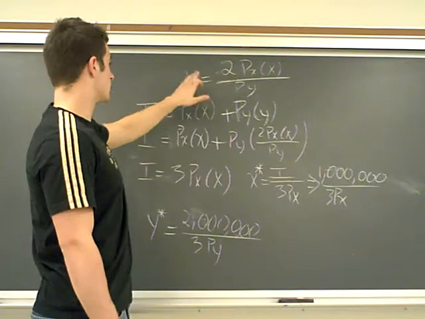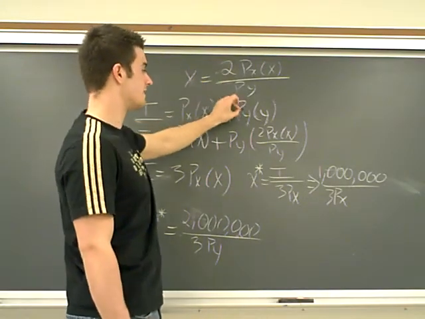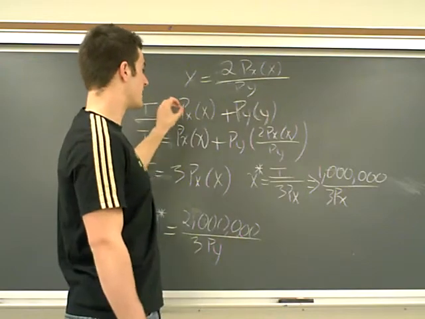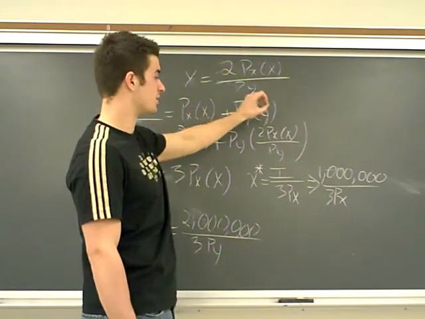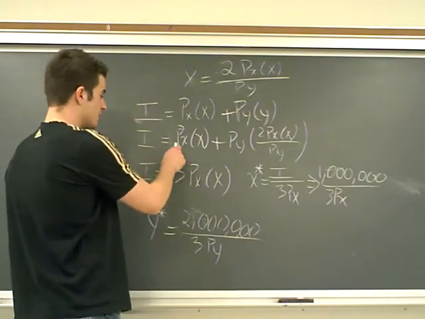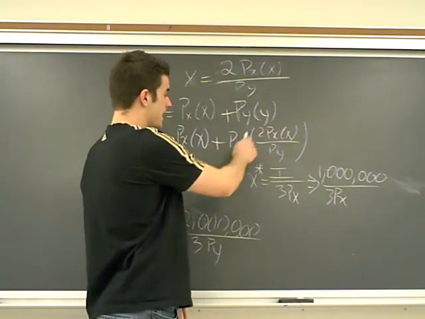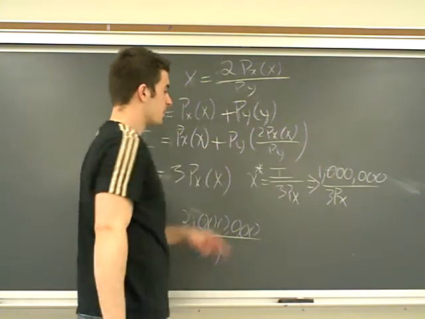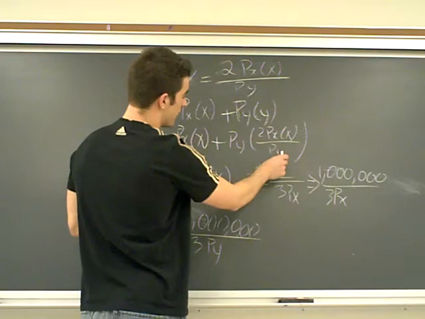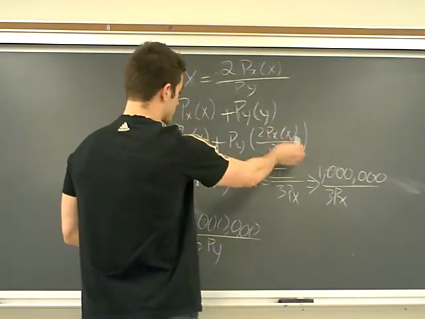So we plug y into our budget constraint, which is I equals px times the quantity of x plus py times the quantity of y. We plug that in, and we get I equals the price of x times the quantity of x plus the price of y times what we substituted in for y. You'll see that these two py's cancel, so those go away, and then we're left with 2px times x.